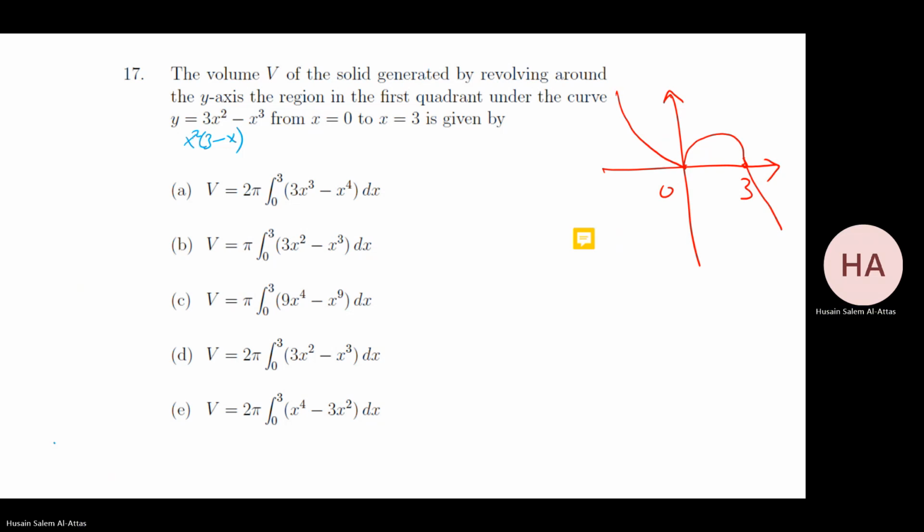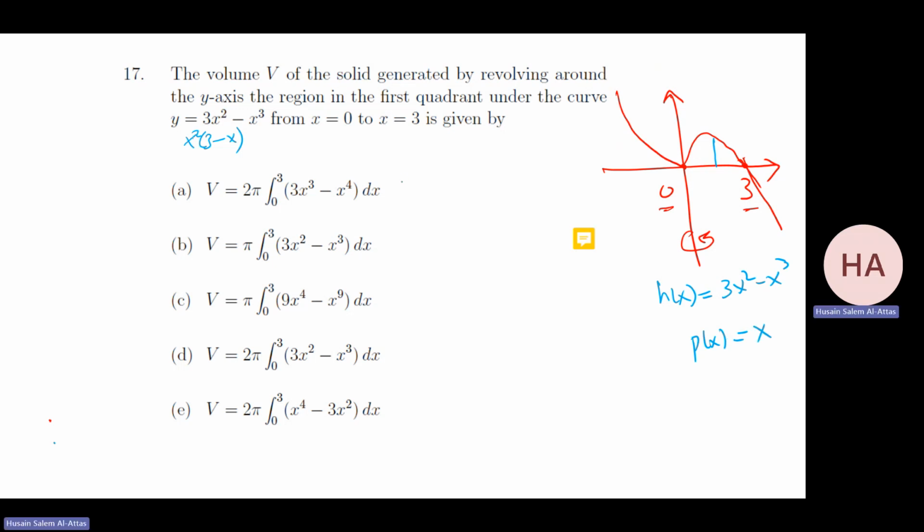Okay. This is what we will do. I want it from 0 to 3, and about the y-axis. This is the axis. So I draw my line like this. h of x will be the function. p of x will be x.